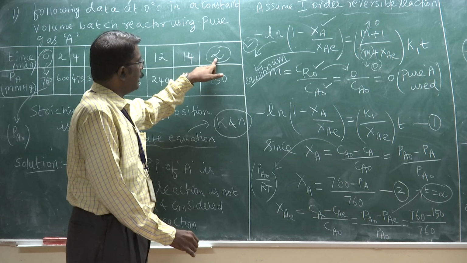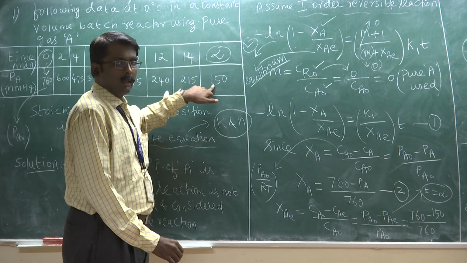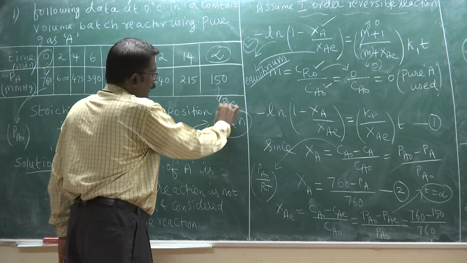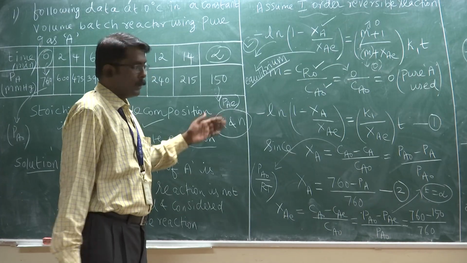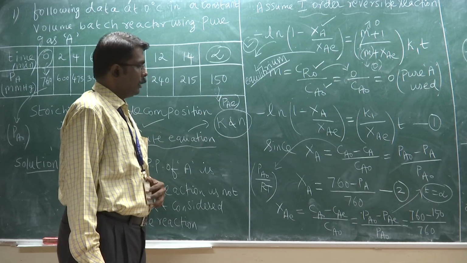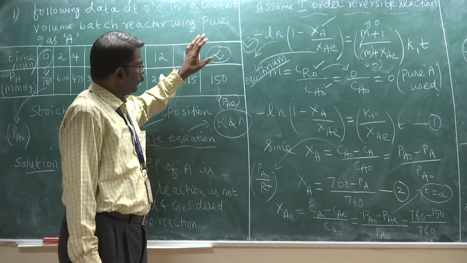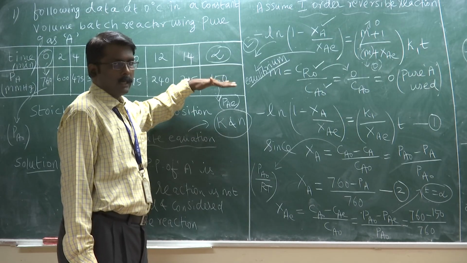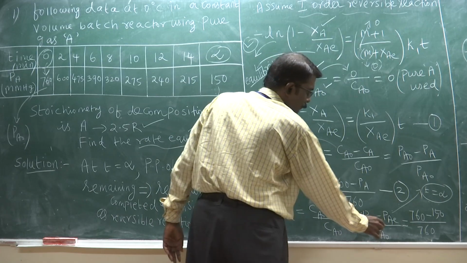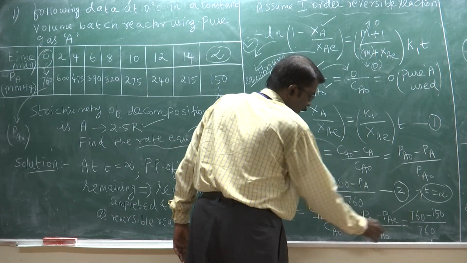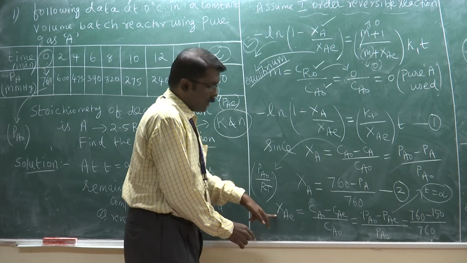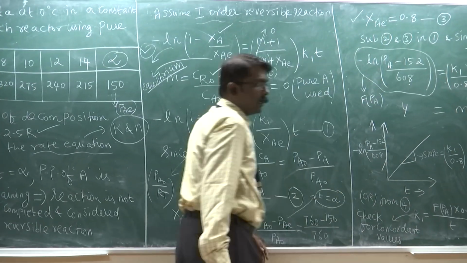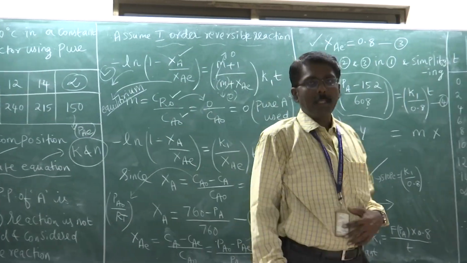That is the partial pressure at equilibrium. Substituting both values, we get a constant value for Xae, which is 0.8. So 80% conversion is attained at equilibrium.